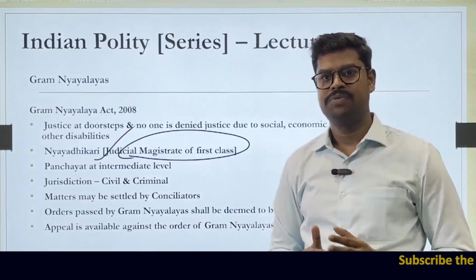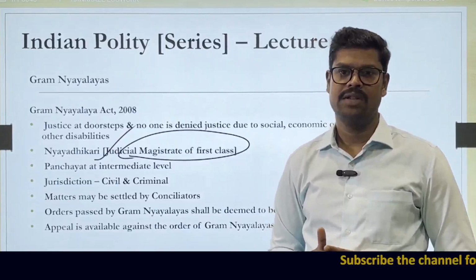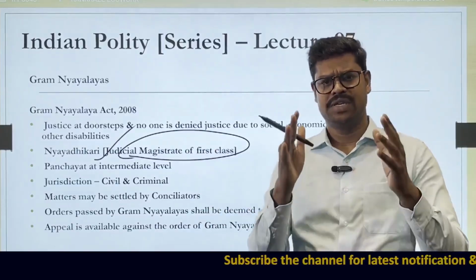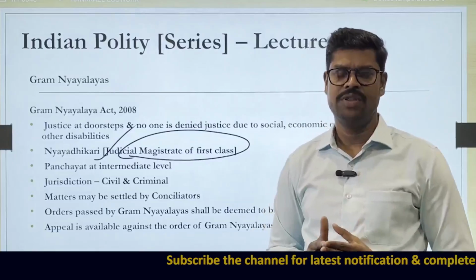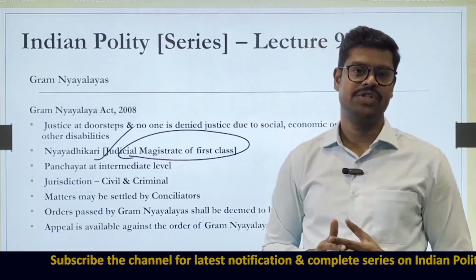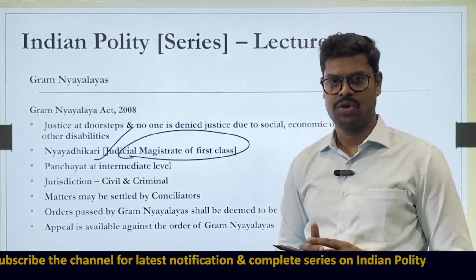However, there is one exception under the Gram Nyayalaya Act in the way the Gram Nyayadhikari functions. He does not strictly follow the rules as laid down by the law, but there is also a possibility of what is called conciliation through which the matter may be resolved.